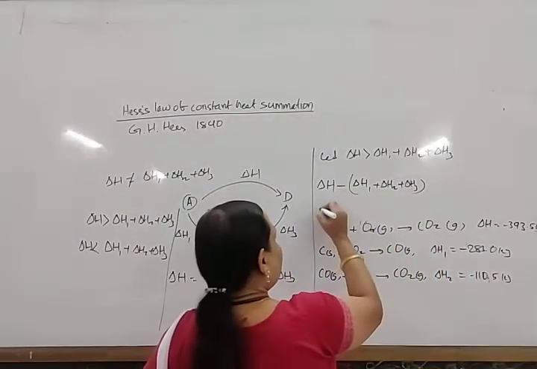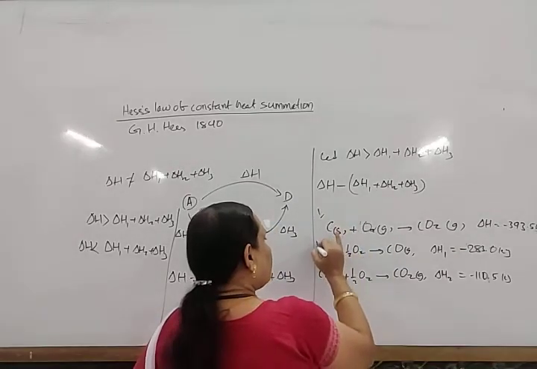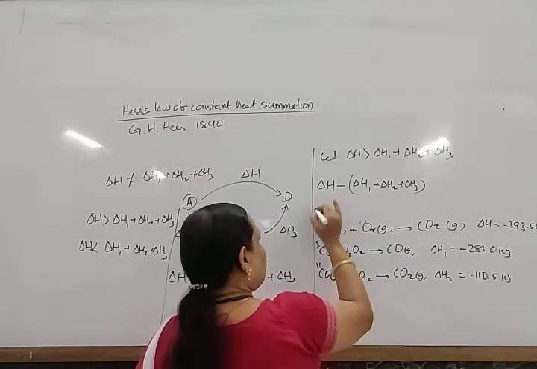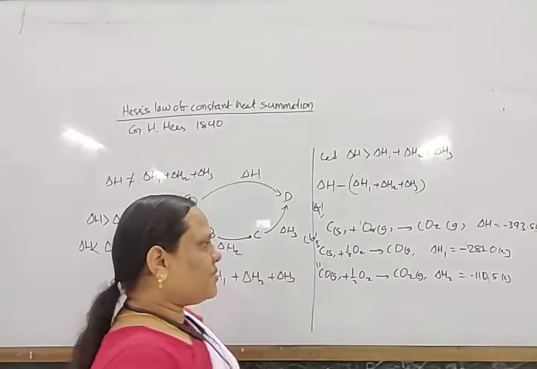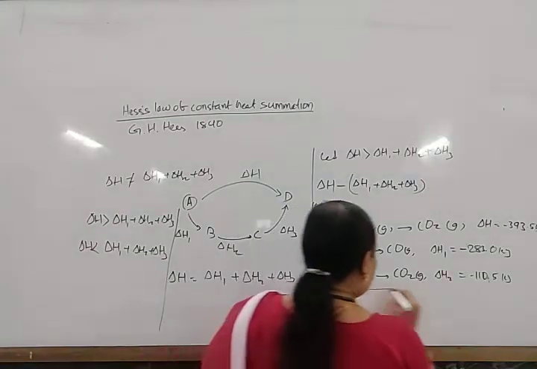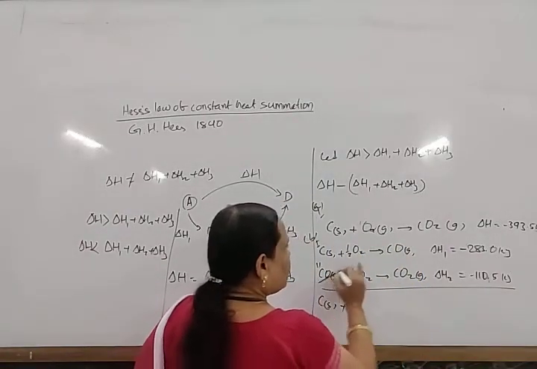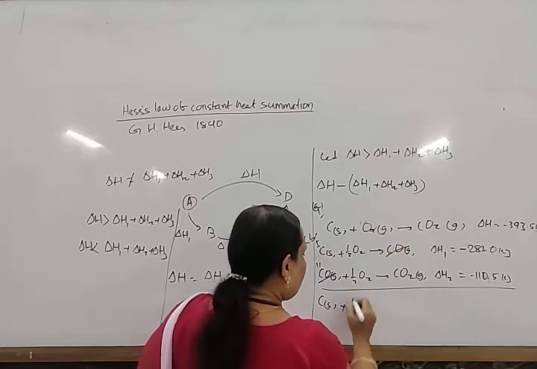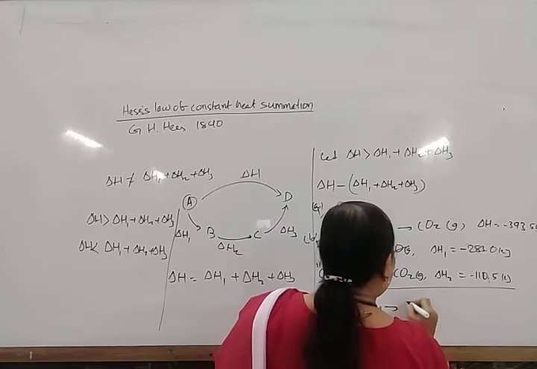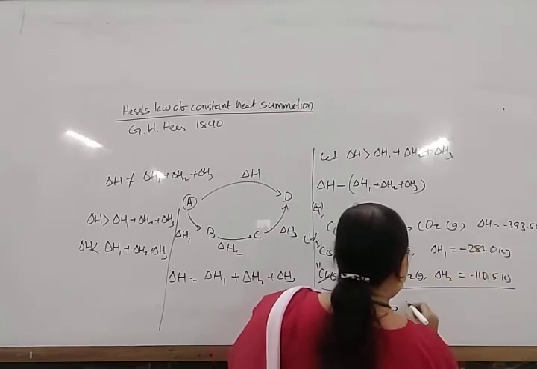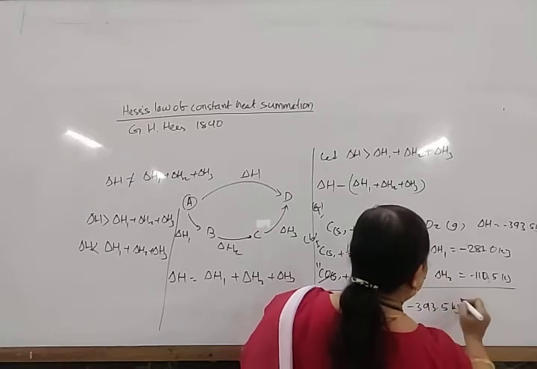This is the first method, and this is the second. This is the first step, this is the second step. This is path A, and this is path B; path B has two steps. When we add these, carbon solid, the CO cancels, half O2 and O2 gas give rise to CO2, and again the energy is minus 393.5 kilojoule.